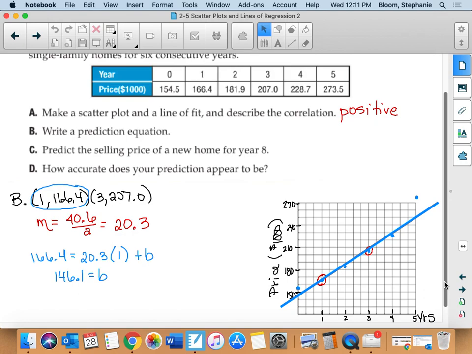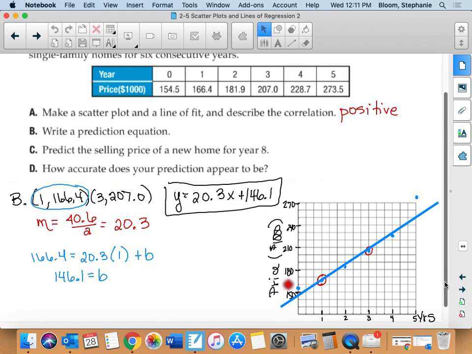So my prediction equation is y equals 20.3x plus 146.1. And again, I want to show you just to help double check. My y-intercept when I solved was 146.1. My line should look like it's crossing around there, and it's pretty close. So it looks like we did that accurately.